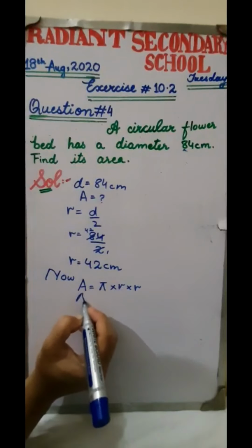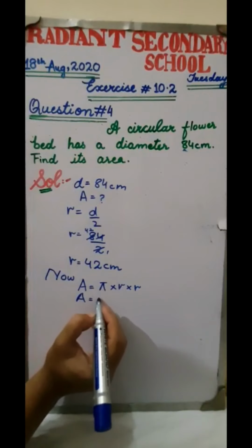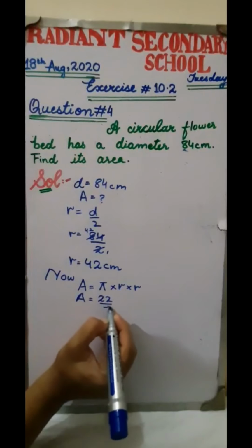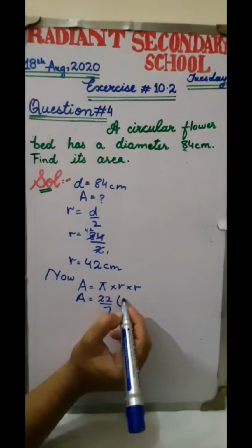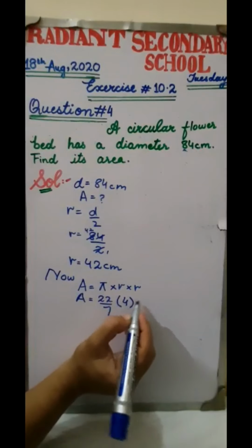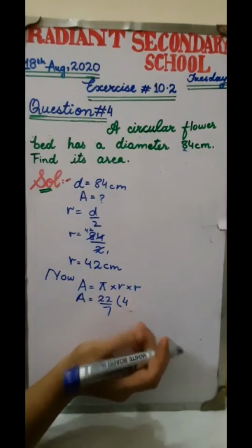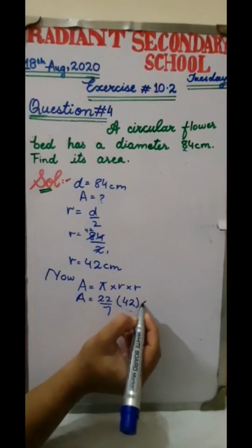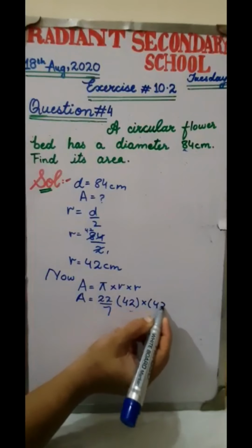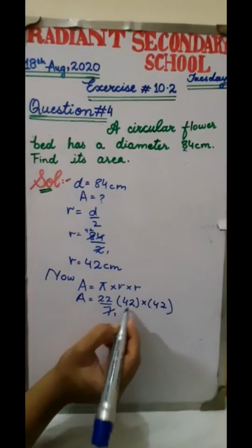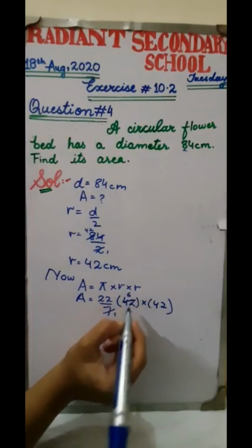Now put the values here. Value of pi is 22 by 7. R is 42. Again r is 42. Now simplify it. 7 1s are 7. 7 6s are 42.